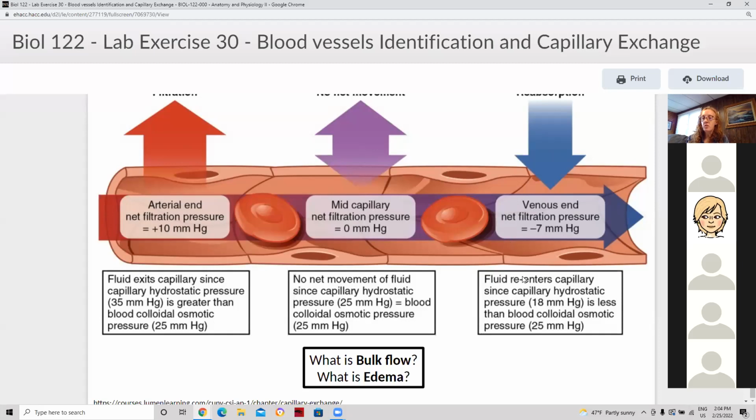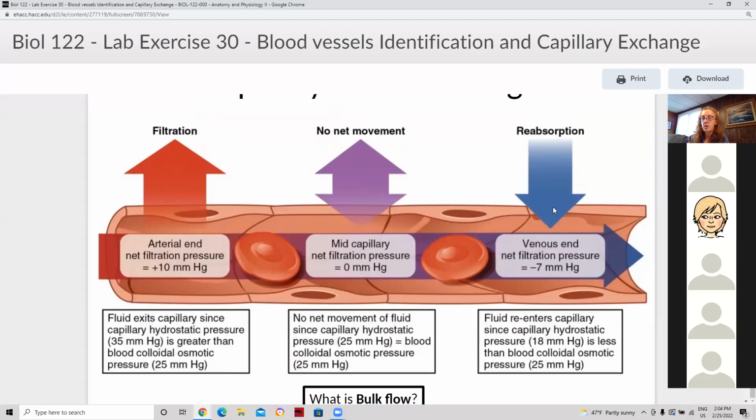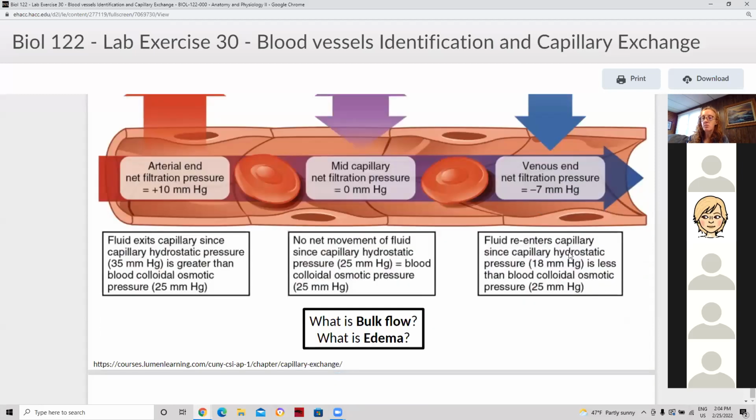And the result is that the fluid isn't drawn back in to the vessel, to the capillary here. That's what edema is. When the blood colloid osmotic pressure is not higher than the capillary hydrostatic pressure, the result is that the fluid is not drawn back in at the venous end, and it's left out in the interstitial tissues.